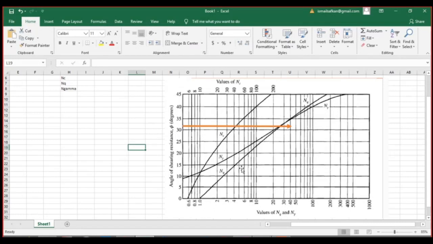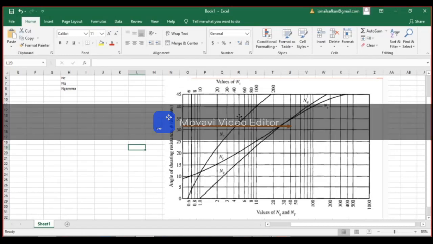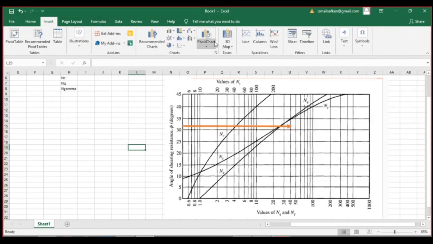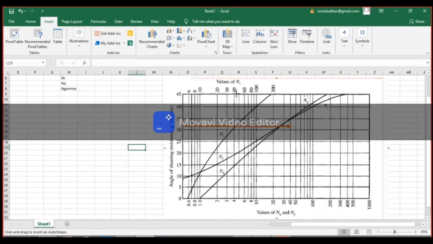So for Nc, this is the top margin. Nc is assumed to be as 41. Use this.